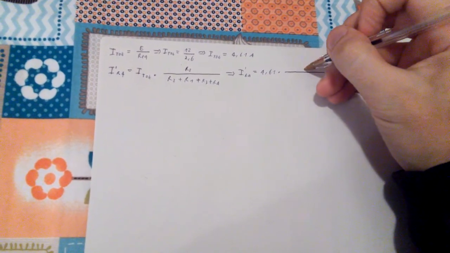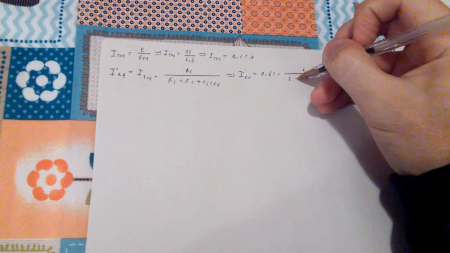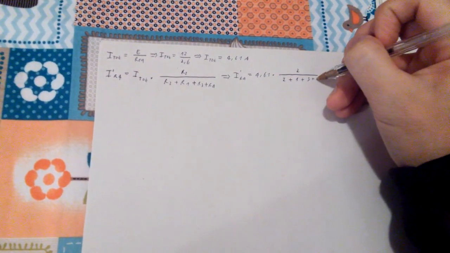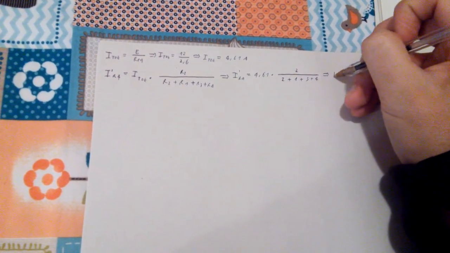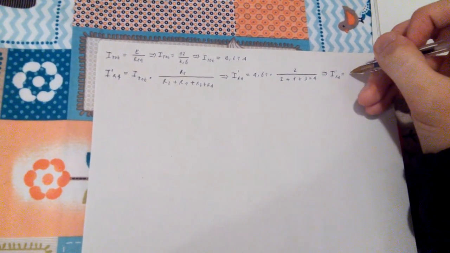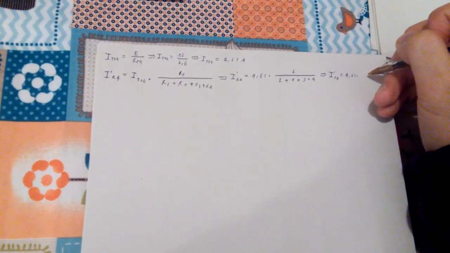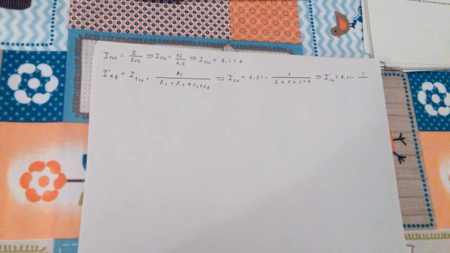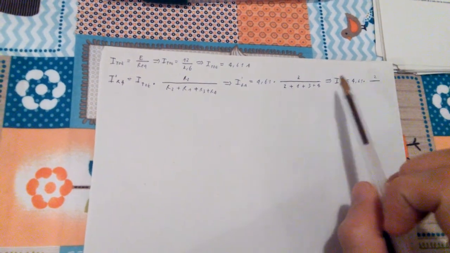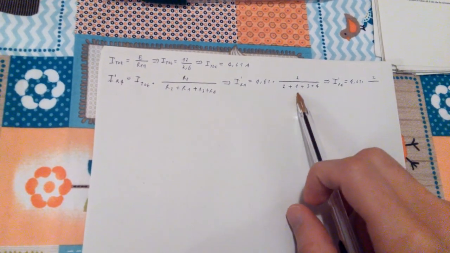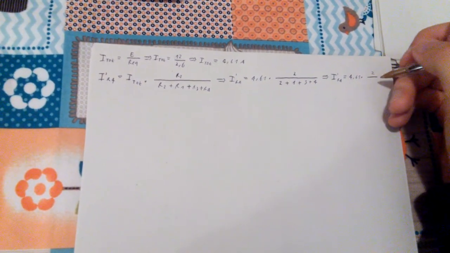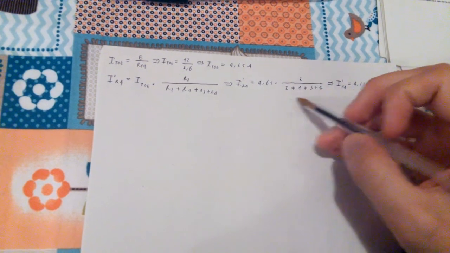So I first R4 is therefore 4.61 times 2 over 4 plus 3 plus 2 plus 1, so it's basically 10, as they add up to 10.